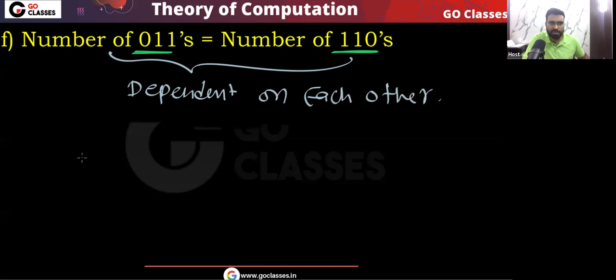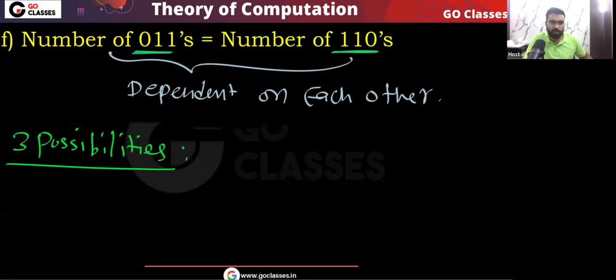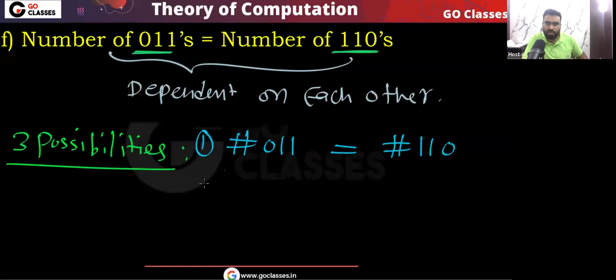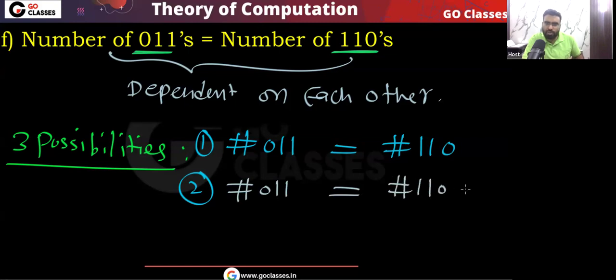Actually, how many situations are possible? Only three possibilities are there. The first possibility is number of 011 is equal to number of 110. Another possibility is number of 011 is equal to number of 110 plus 1.